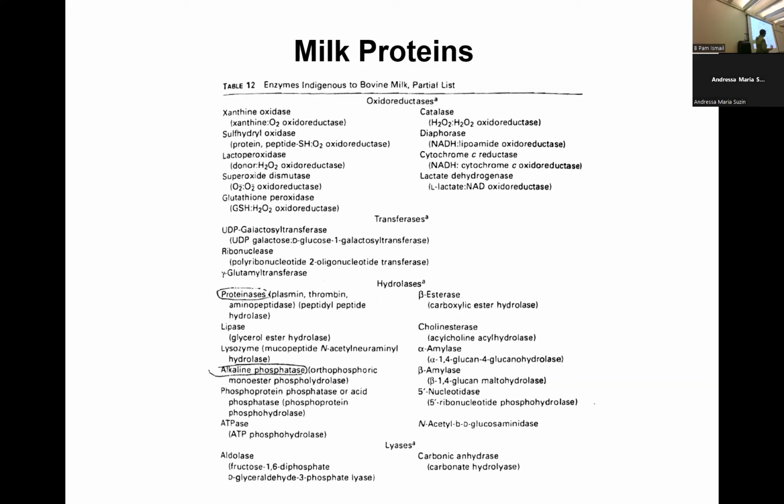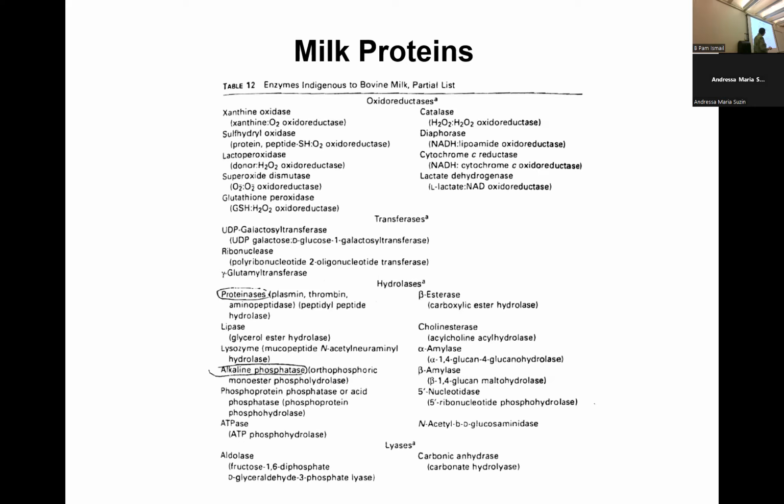So this causes problems in terms of stability of the protein during storage of milk because it hydrolyzes mainly beta casein and causes aging and clotting of milk over time. So this is a very common or problematic enzyme in milk in terms of being a proteinase.